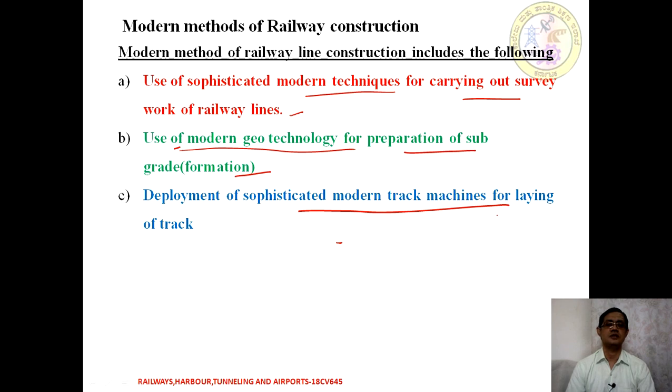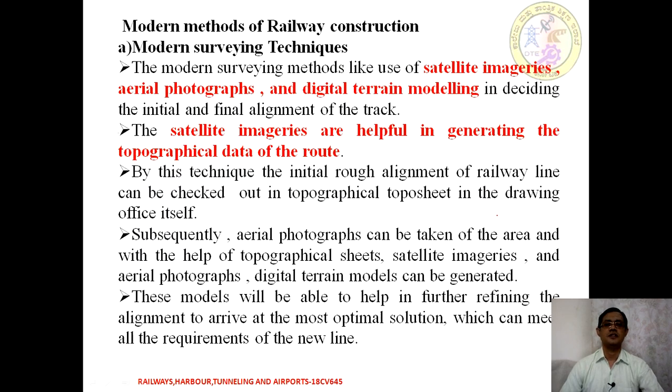So, in a nutshell, it comprises advanced technology used in surveying, construction and also with respect to machineries. This is clubbed together and called the modern method in railway construction. Moving on to the first part, that is modern surveying technique.